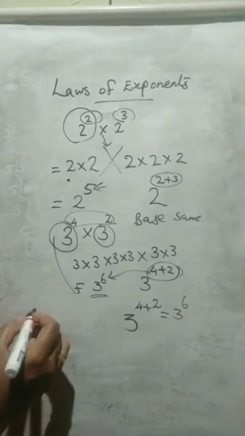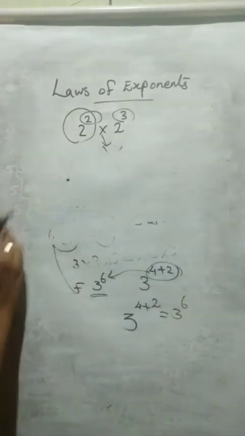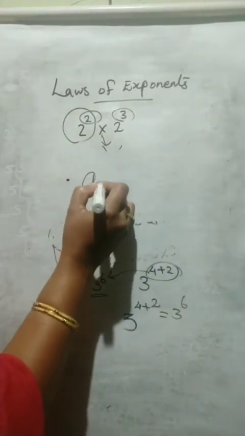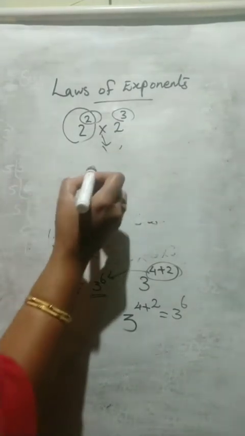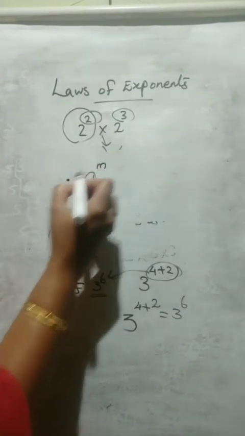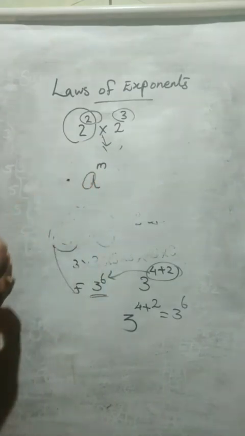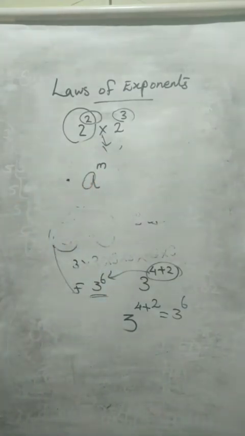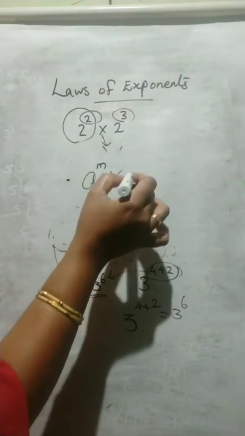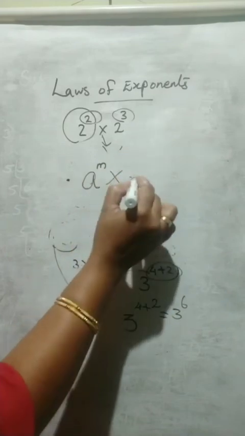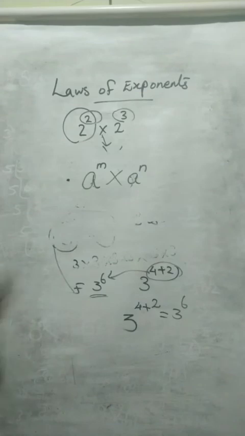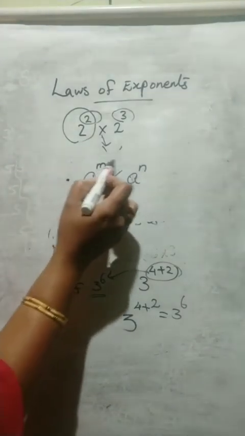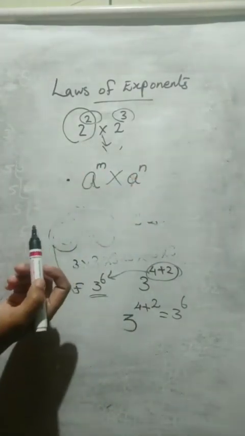That is, if a is an integer other than 0, and a raised to m is also a whole number, multiplied by a raised to n. Here the bases, a and a, are the same, and the powers m and n are different.